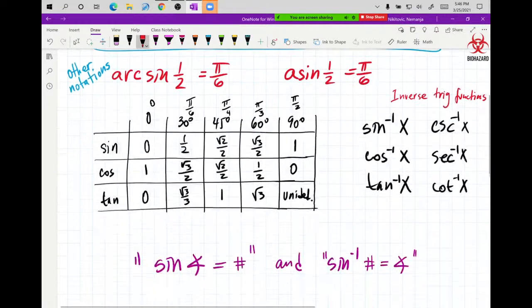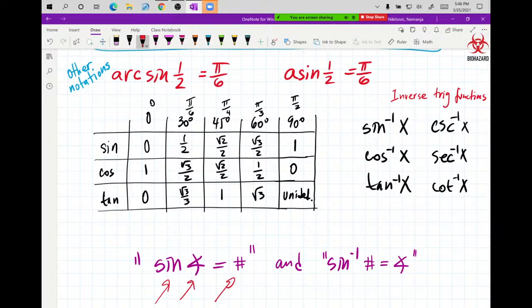I do have what I call mathematical sacrilege, which is why I put quotation marks. Sine of an angle is a number, and that's like saying sine of pi over 6 is 1/2. But over here you have inverse sine of 1/2 is pi over 6. So it's backwards.